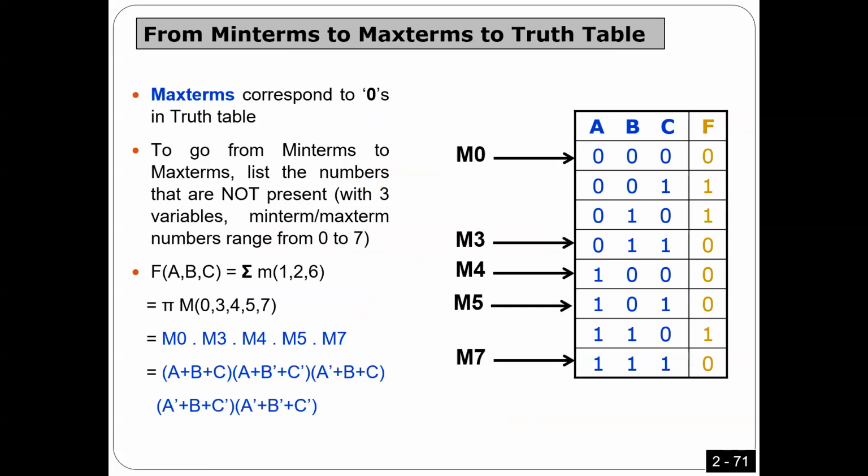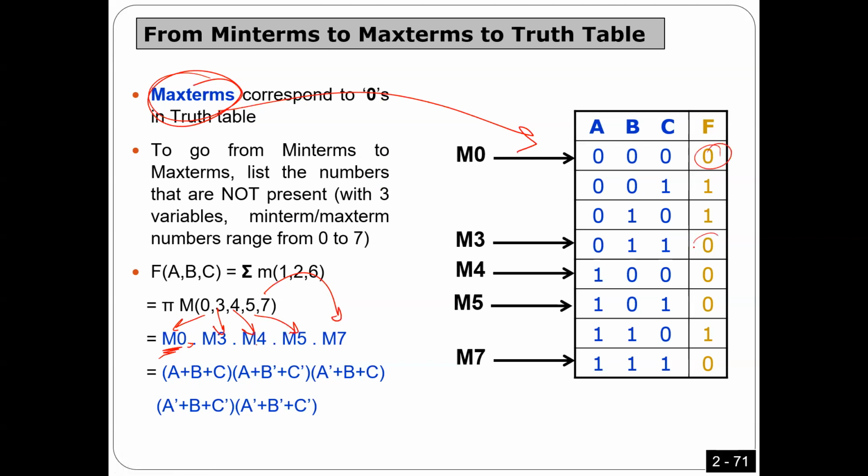Okay. Here, another example, it's exactly the same thing. If I give you the max terms, how can you put them here? Very easy. For example, given these min terms, you can get the max terms here, the missing ones, okay? And this means max term number 0 and max term number 3 and max term number 4 and so on, okay?